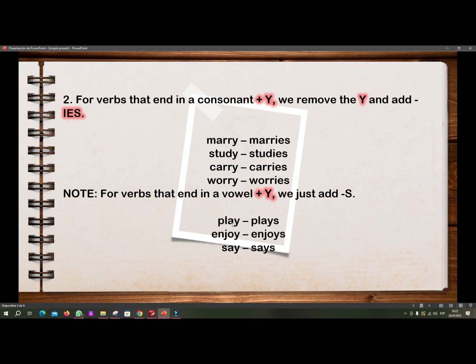Vean, tenemos vocal y luego la Y. En este caso, no vamos a hacer el cambio de I, E, S, ¿verdad? Sino que simplemente vamos a agregarle S al verbo. ¿Ok? Entonces, tengan cuidado. Consonante Y, cambiamos la Y por I y agregamos ES. Cuando haya vocal más Y, solamente le agregamos S a los verbos, siempre y cuando tengan ustedes la tercera persona del singular. He, she, and it. Okay?